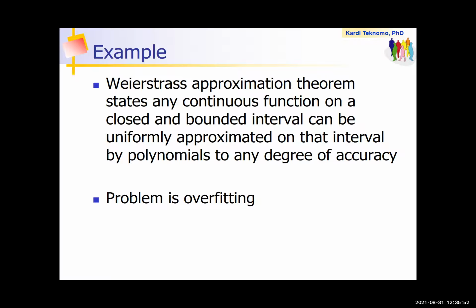If you have any data, practically, I can approximate it using a polynomial of any degree, so that it will be overfit, passing through all the points. The theorem guarantees that using only polynomials, you can approximate any data from a continuous function.